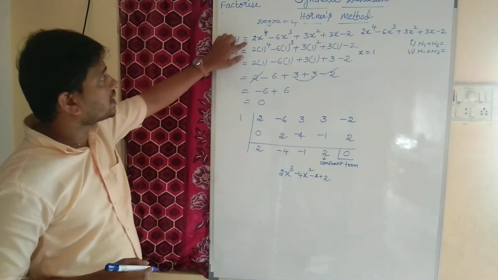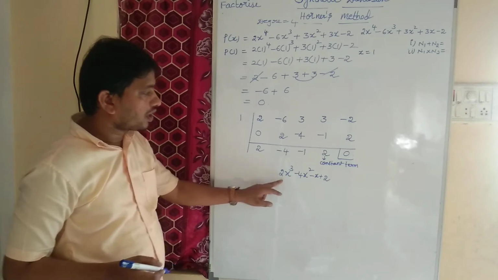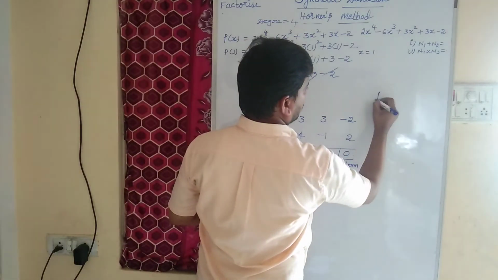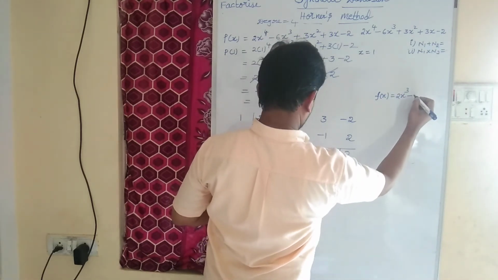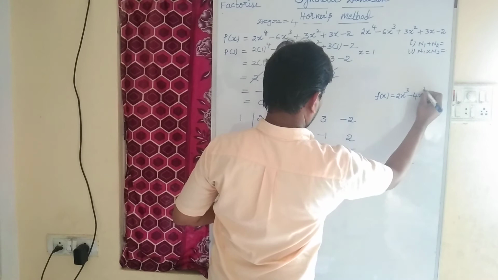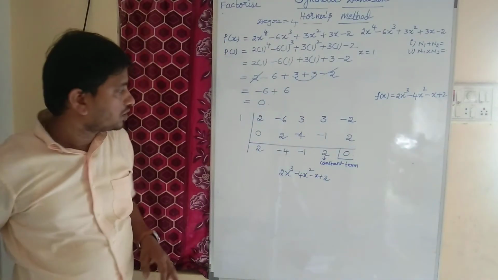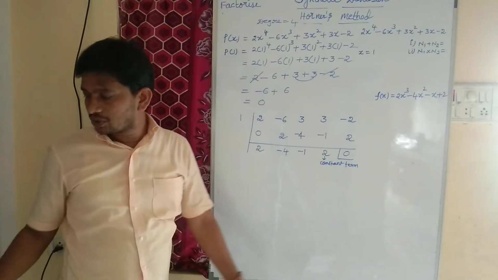Okay, before it was a biquadratic polynomial. Now we got what? Cubic polynomial, right? We got the polynomial f of x is equal to 2x cube minus 4x square minus x plus 2.